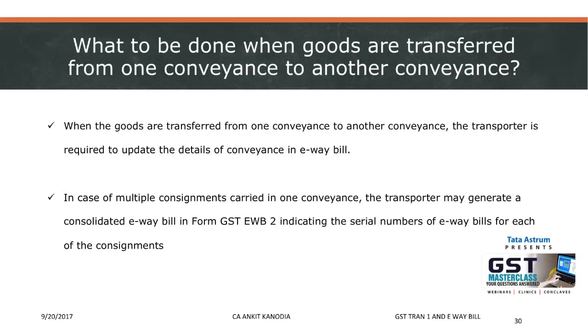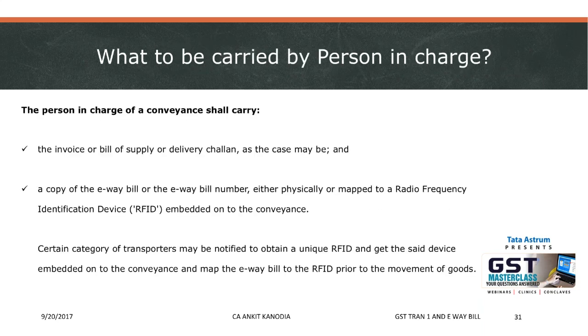In case of transit sale, wherein I have transported through a transporter who, after traveling some distance in another state, transfers the goods to another transporter, then the vehicle number needs to be updated by the transporter in the e-way bill and then he can transport the goods further from there. So what document needs to be carried by a transporter?